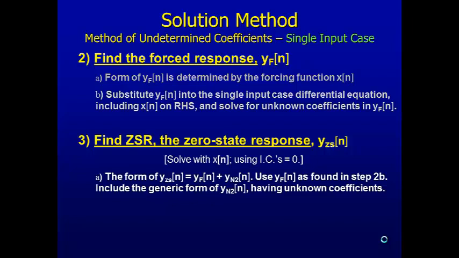Let's go over here. I already know the natural response has this shape, right? We're still finding the zero state response for the single input case. We'll call that y_ZS1, so I remember it's a zero state response.